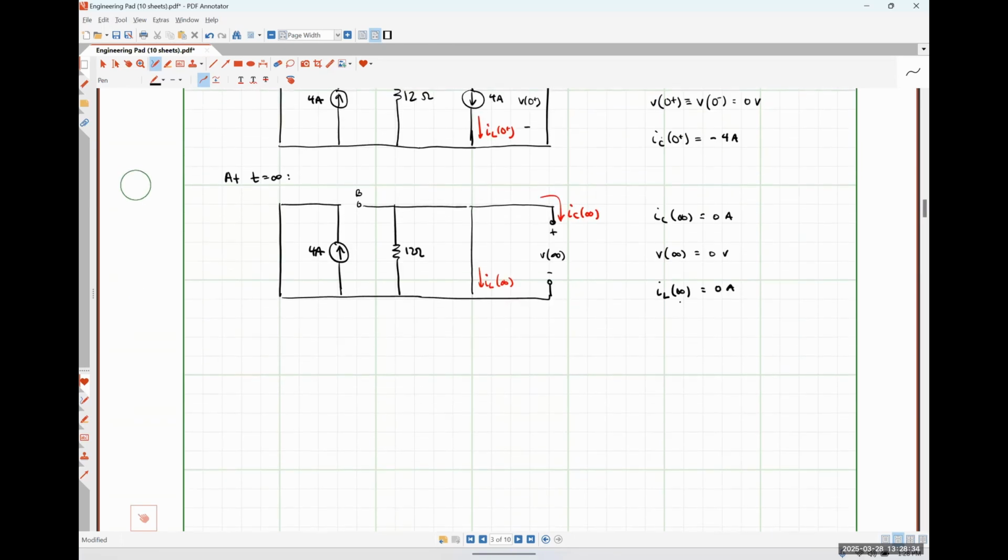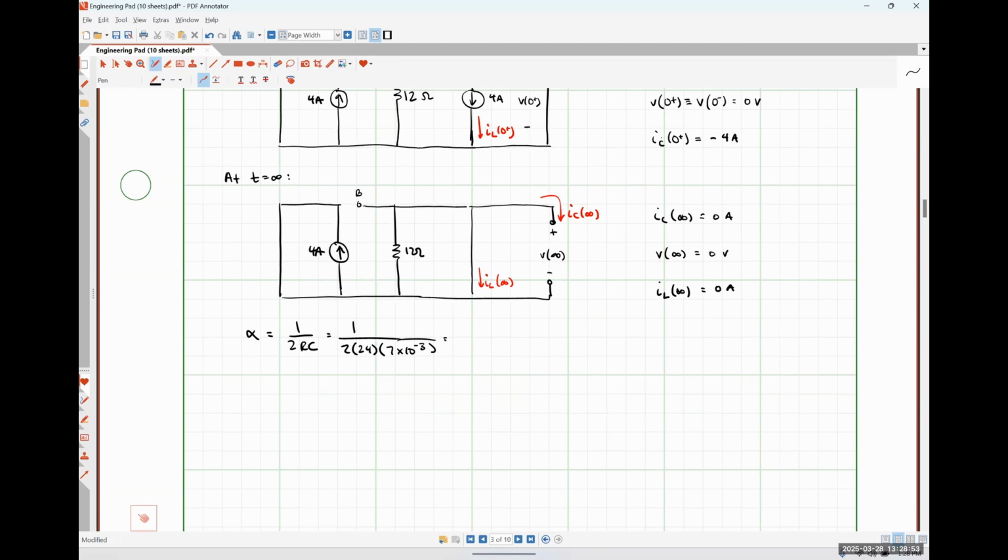So we're going to check that by calculating alpha, which is 1 over twice RC. So that would be 1 over 2 times 24 times 7 times 10 to the minus 3.